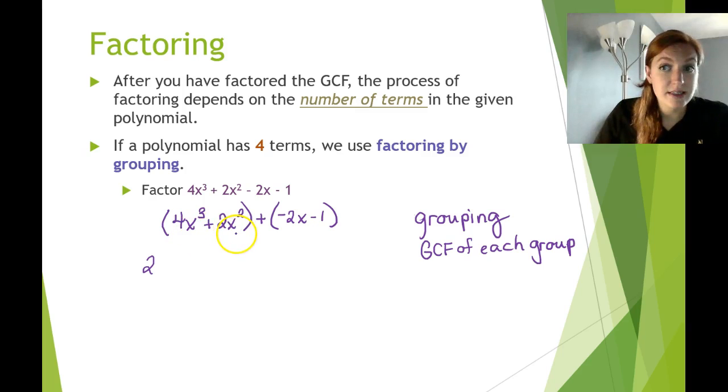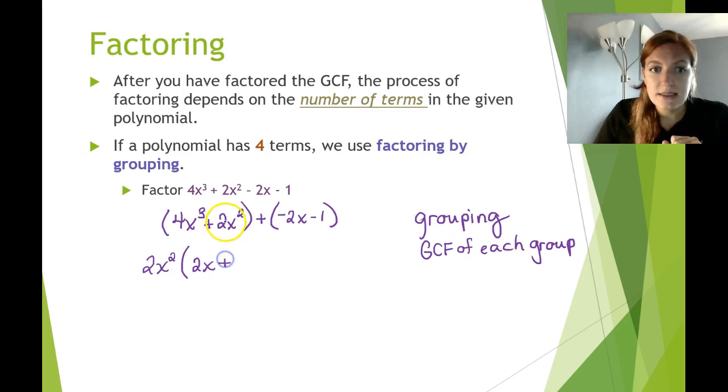They have x in common, 3 and 2. The smallest exponent is a 2. So let's pull out that 2x squared. Let's see what we have left over once we divide each of these terms by 2x squared. We have 2x, because 3 minus 2 is 1, plus 2x squared divided by 2x.